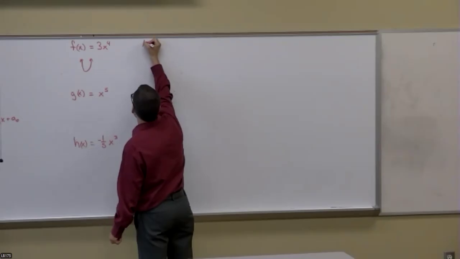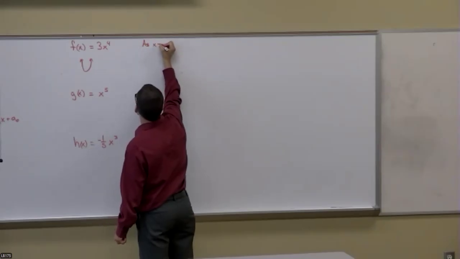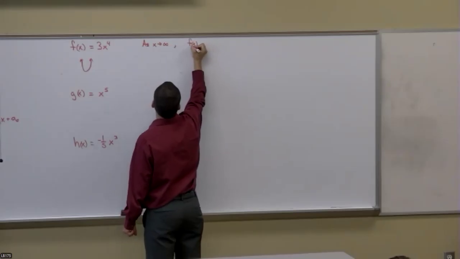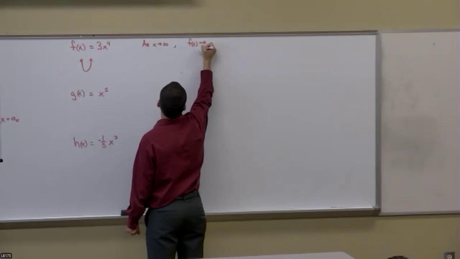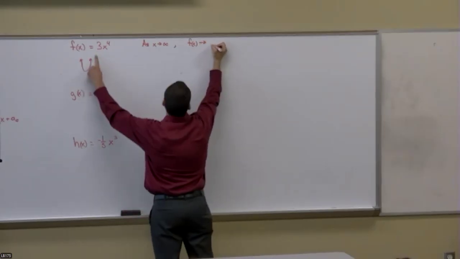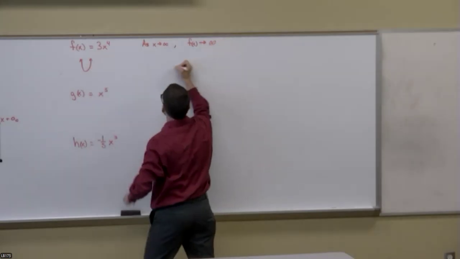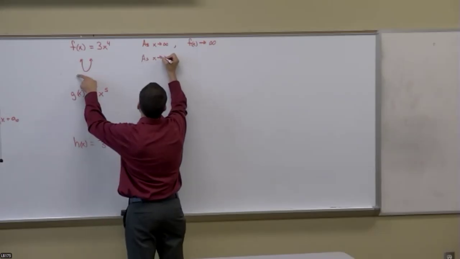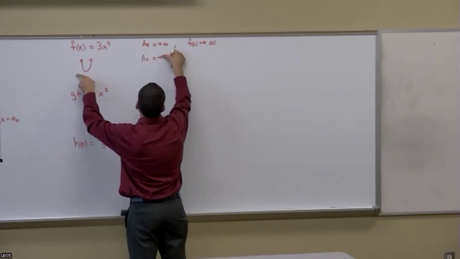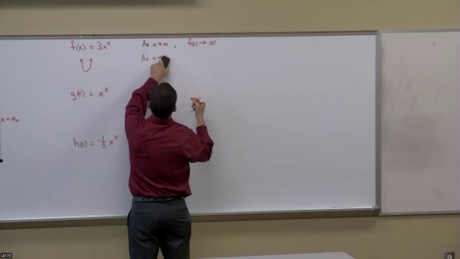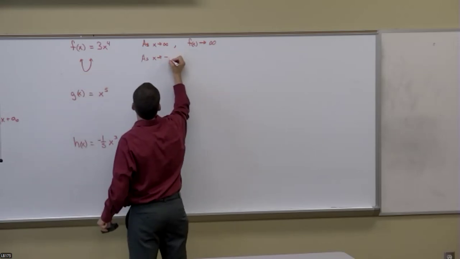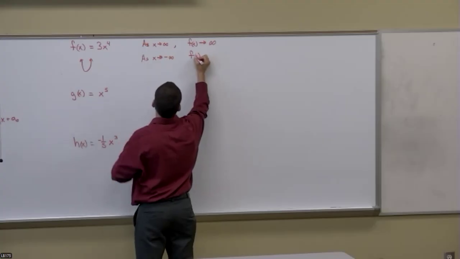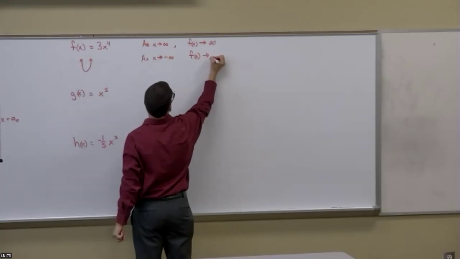So that means as x goes to infinity, my y value or my f of x is shooting up towards positive infinity. As x moves towards the left, that means as x goes to negative infinity, my graph is also moving up.